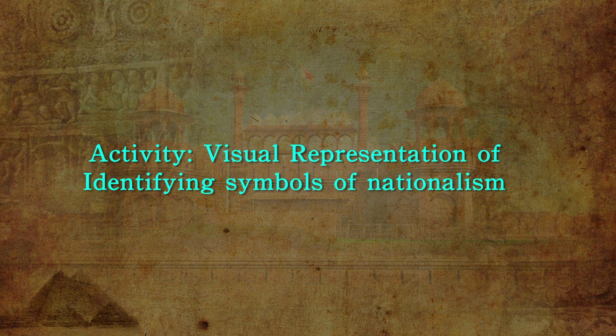Now let us look at another activity, visual representation of identifying symbols of nationalism. We saw as the national movement spread, there emerged a large number of icons and symbols which helped in unifying people and inspiring them with a feeling of nationalism.